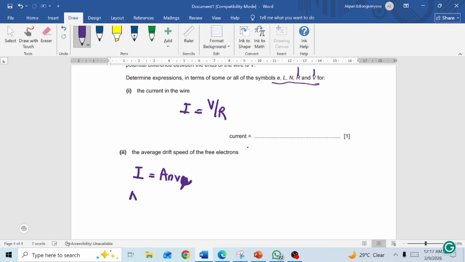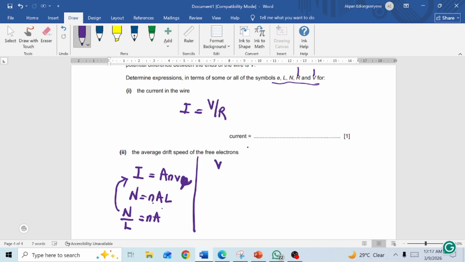Don't forget, we also have N equal to n A L. We have capital N here. We have L, but we don't have A. We can change this to have N over L equal to A n. With this, we can bring it into this place.